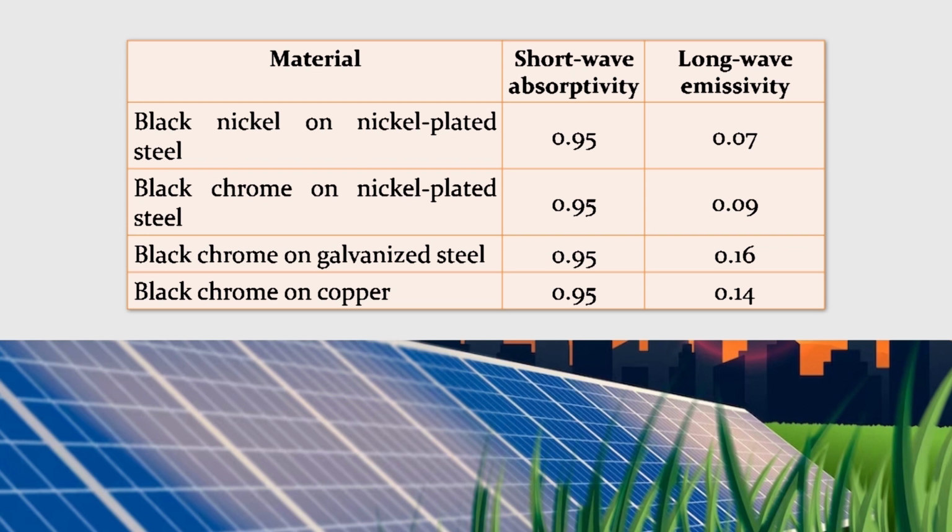So you can read here that the short wave absorptivity of black nickel or nickel plate steel is 0.95 and its long wave emissivity is 0.07. Similarly, the fourth material here is black chrome on copper. So the short wave absorptivity and long wave emissivity for black chrome on copper are 0.95 and 0.14 respectively.